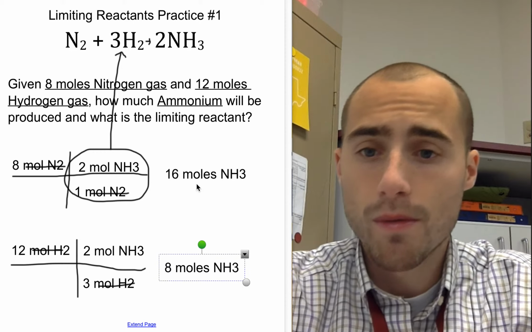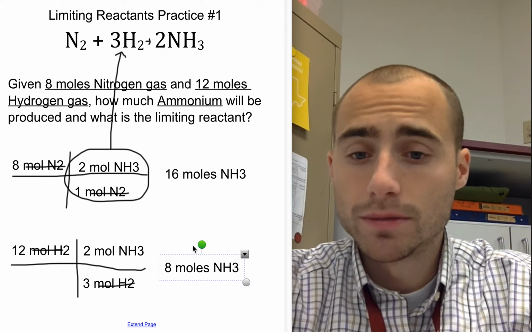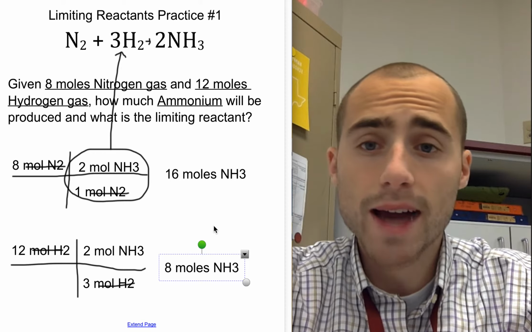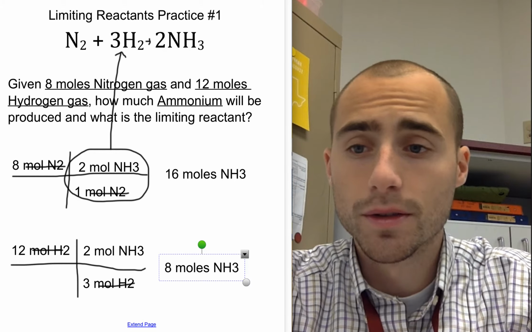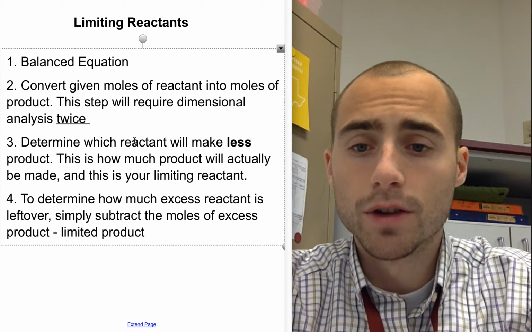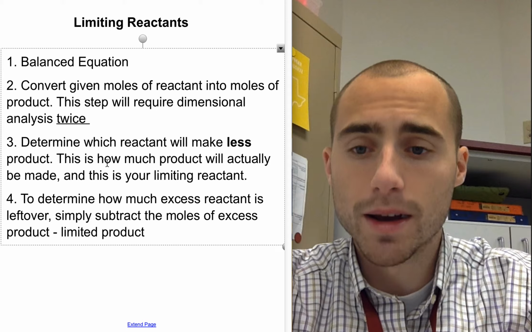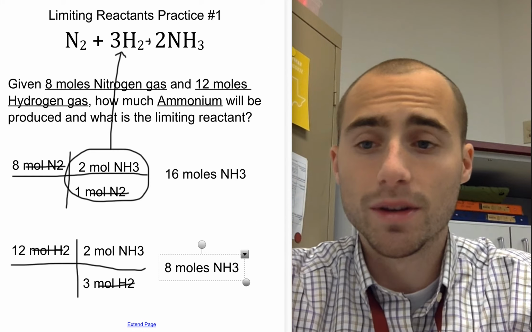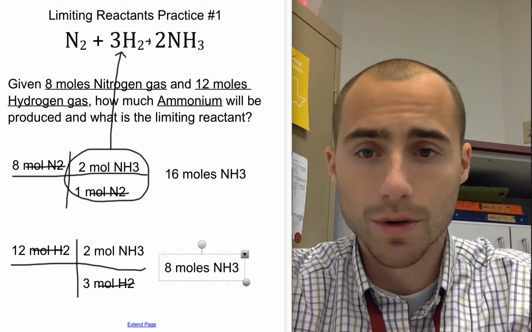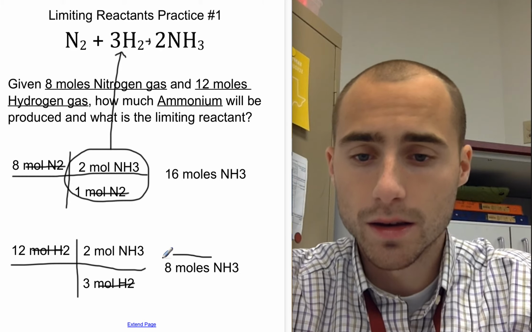So now my question, which of these is the limiting reactant and how much ammonium will actually be produced? Let's look at our steps. Determine which reactant will make less product. This is how much product will actually be made, and this is your limiting reactant. So which of these two numbers is lower? Of course, it's 8.